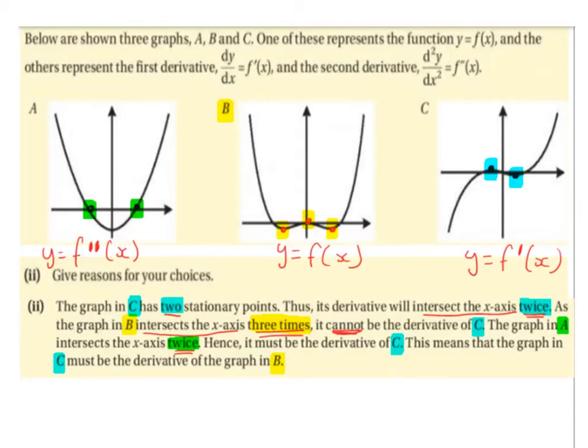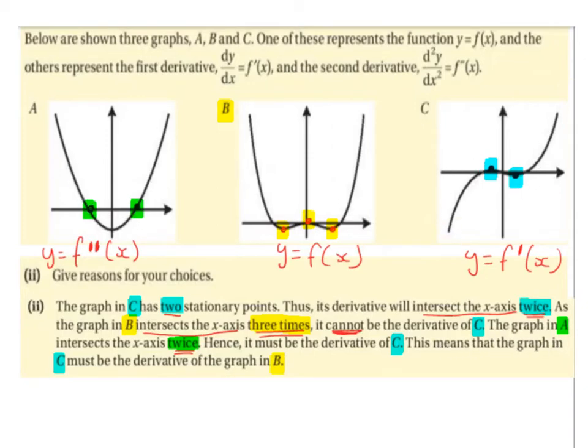And it also has 3 turning points. The graph in A intersects the x-axis twice, here and here. Hence, graph A must be the derivative of C. So graph A must be the derivative of graph C.